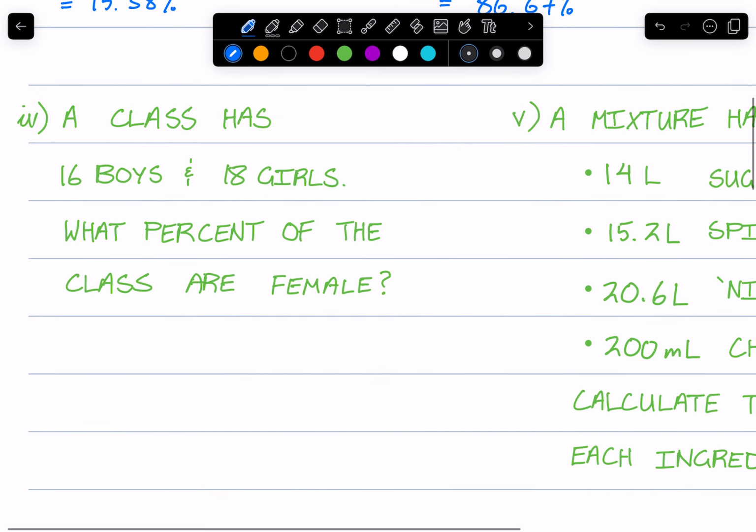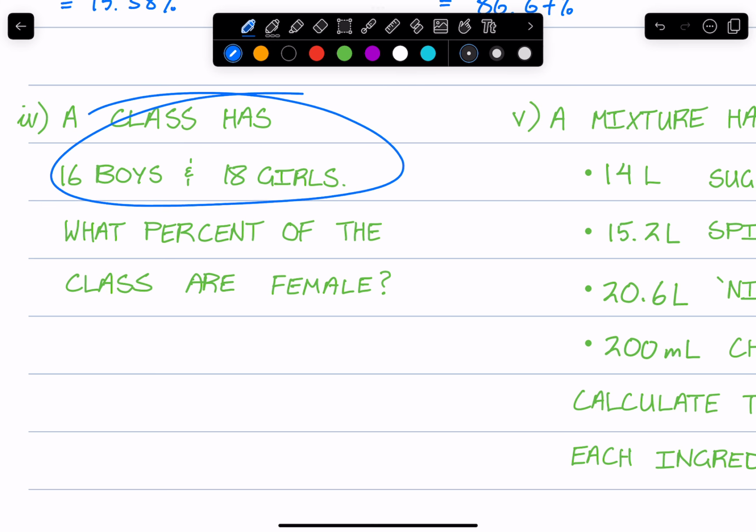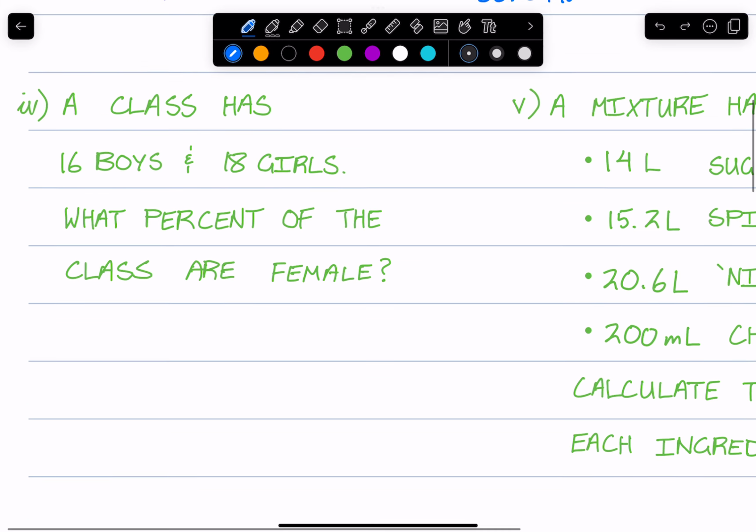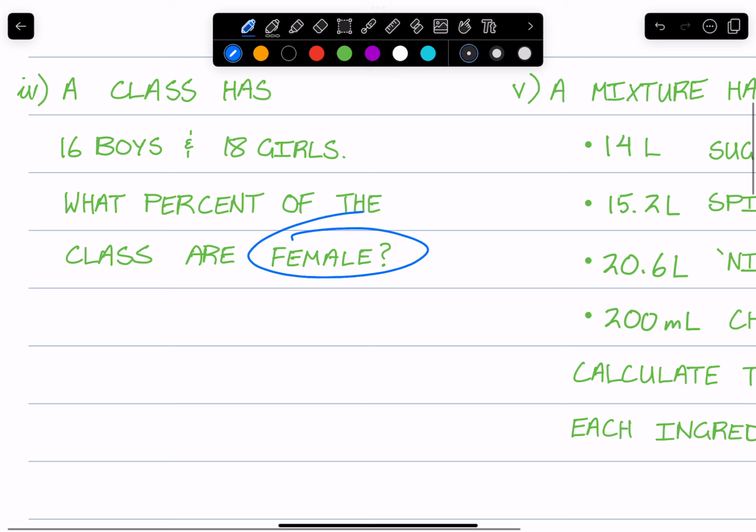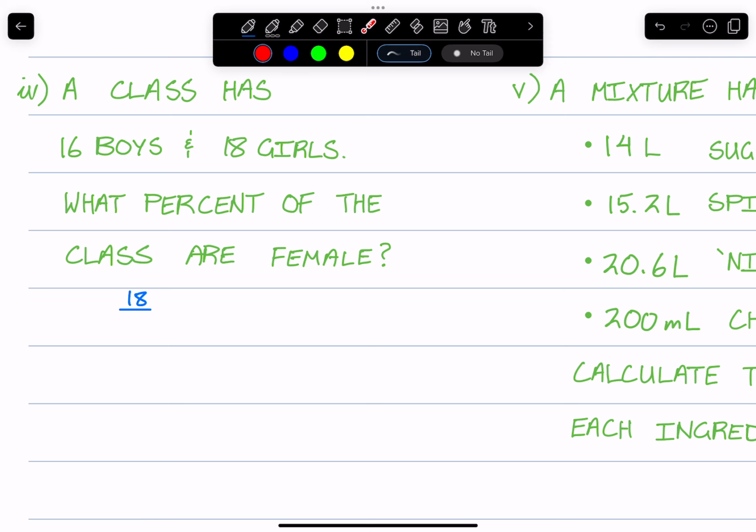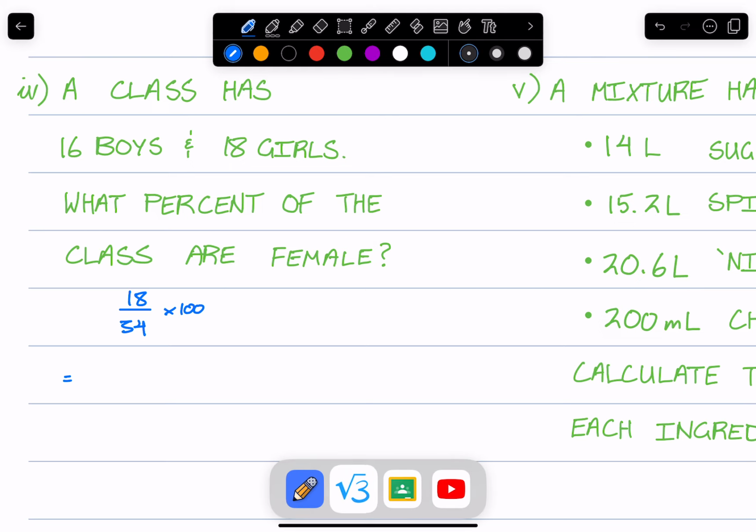It's asking us, what percent of this particular classroom are female? Well, since we are measuring female, it'll be 18 over the total. And the total of this class is the total of the boys and girls, which would give us 34, times 100.